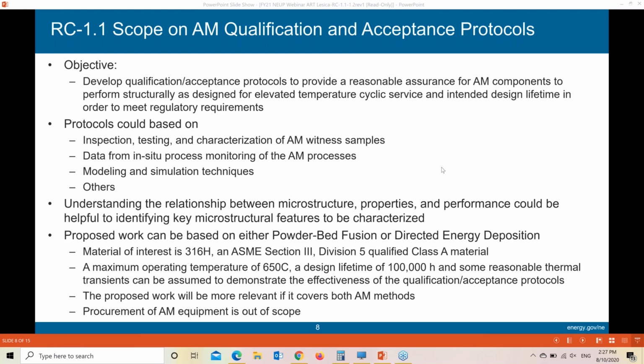Obviously, if you want to develop an acceptance protocol, you would have to be able to screen out bad components as well as screen in good components. So we would leave it to the PIs to come up with these schemes so that the acceptance protocols will be discriminative.